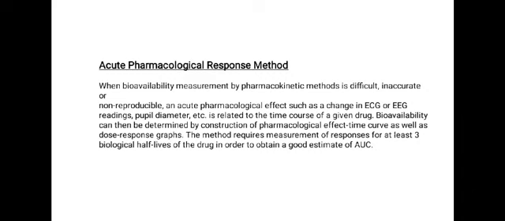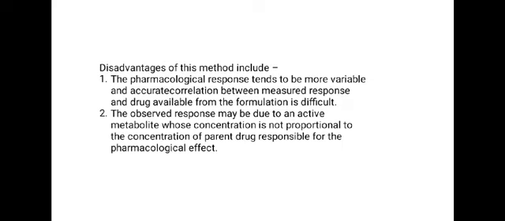The method requires measurement of responses for at least 3 biological half-lives of the drug in order to obtain a good estimate of AUC. Then disadvantages of this method. First, the pharmacological response tends to be more variable and accurate correlation between measured response and drug available from the formulation is difficult. Second, the observed response may be due to an active metabolite whose concentration is not proportional to the concentration of the parent drug responsible for the pharmacological effect.